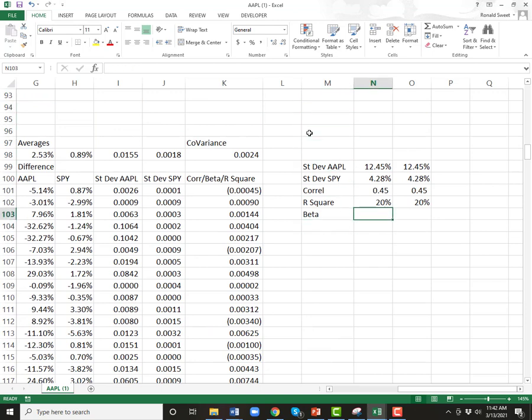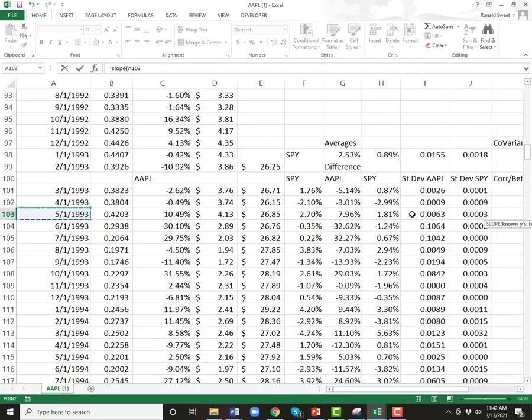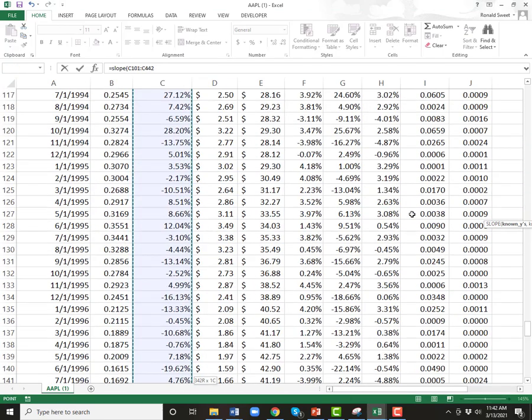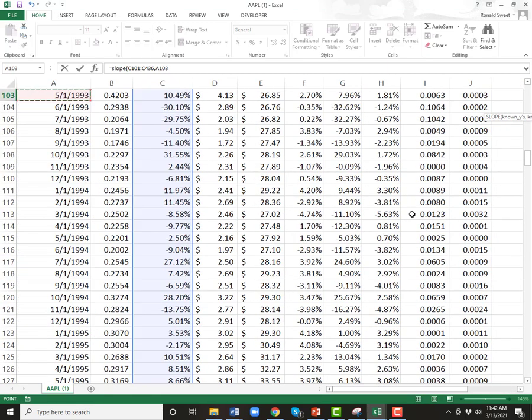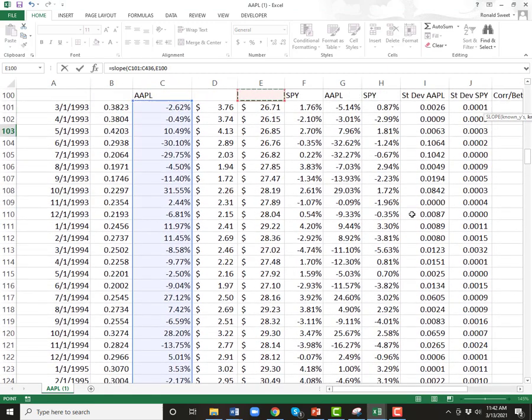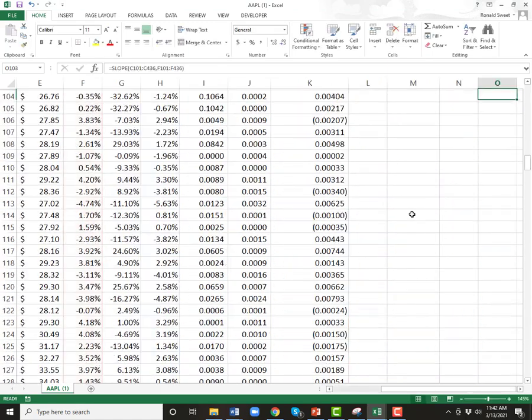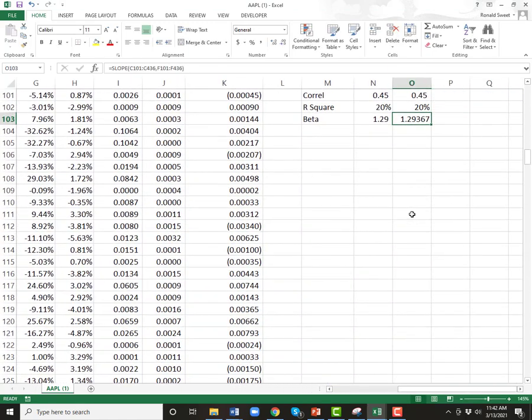So we do the covariance divided by, but here we don't use the Apple standard deviation, we only use the market's. So we can get a number greater than 1, we get 1.29. Let's check that. We can use the slope function. So we do the slope of Apple's returns versus the S&P 500 returns. We get the exact same answer.